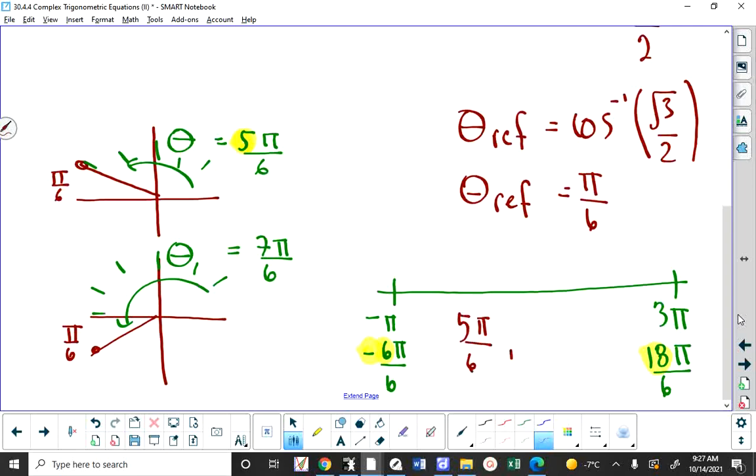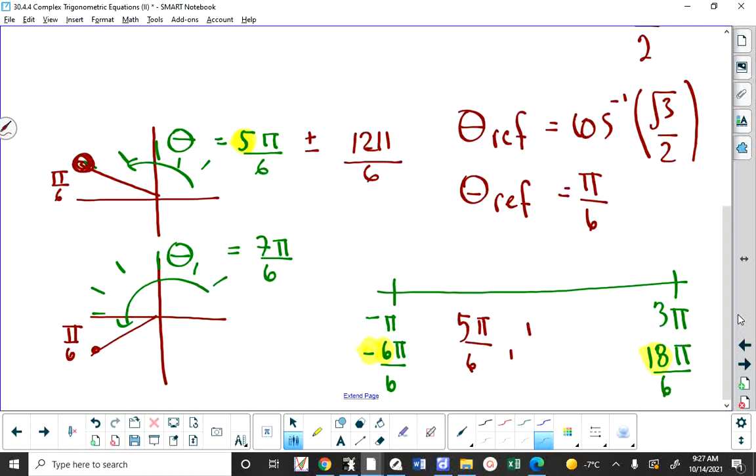I can get to this same place by adding full revolutions to 5 pi over 6 or taking away full revolutions. So I'm going to be adding or subtracting 12 pi over 6s at a time. Because 12 over 6 is 2, and 2 pi is a full revolution. So if I add 5 pi over 6s plus 12 pi over 6s, I get 17 pi over 6s. 12 plus 5 is 17. 17 pi over 6 is in here.